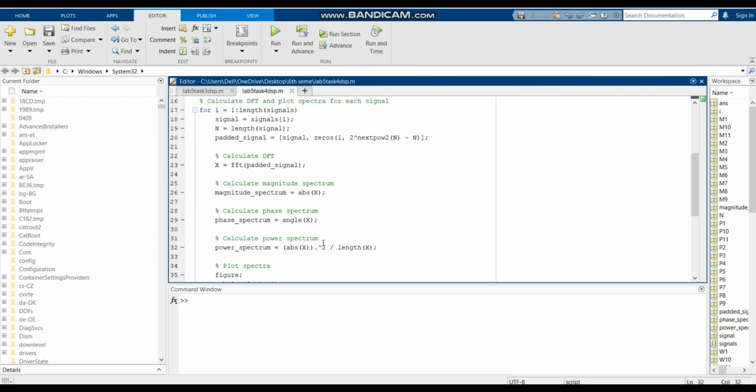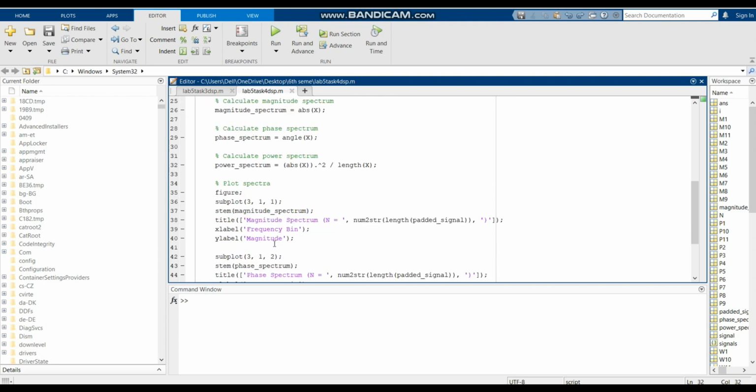For each signal, the code first pads it with zeros to the next power of 2 to optimize FFT computation. The DFT of the padded signal is calculated and its magnitude spectrum represents the amplitudes of each frequency component. The phase spectrum represents the distribution of the phase angles of each frequency component, whereas the power spectrum illustrates the distribution of signal power across frequency bands. Now let us run the code.